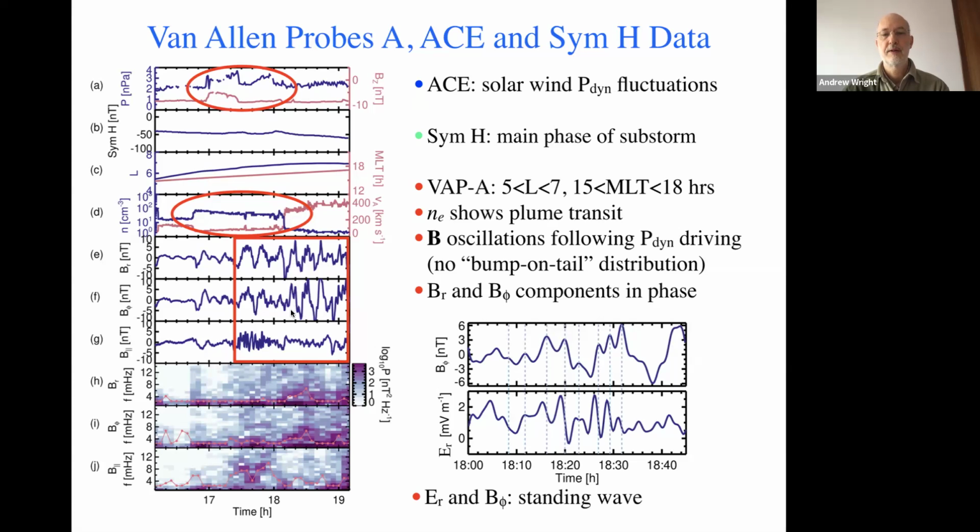So this is a good candidate for a 3D field line resonance. In particular, note that the radial and azimuthal components are in phase. If you just look by eye, you can see peak here, here, here, here. So it looks like they're in phase, which is what we expect.